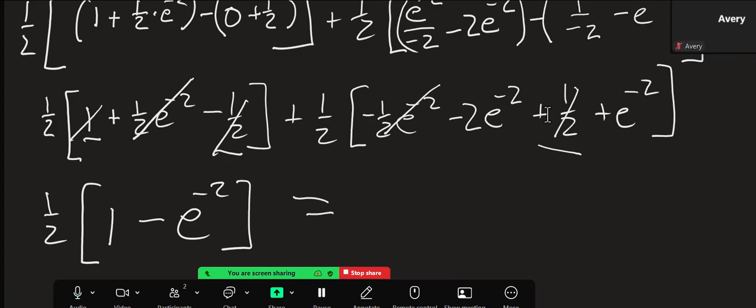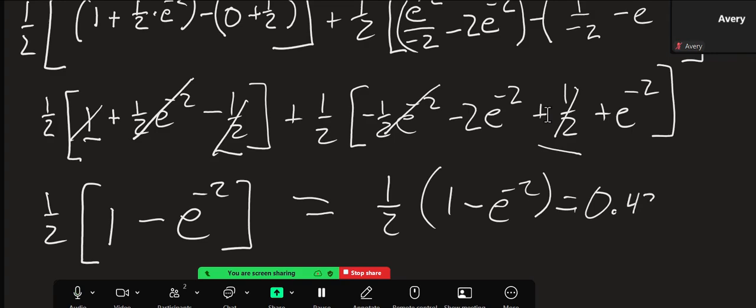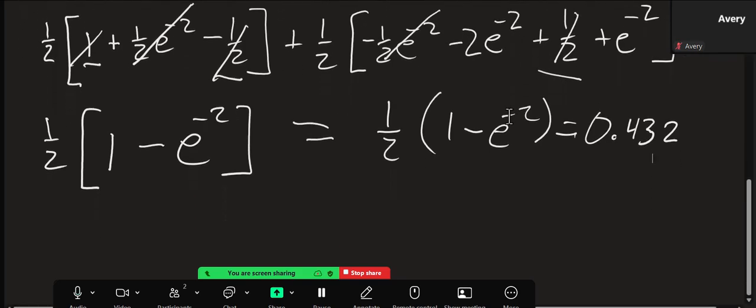And I actually end up with the right answer, 1/2 times 1 minus e to the negative 2, which if you plug that in is 0.432. So that is the average value.